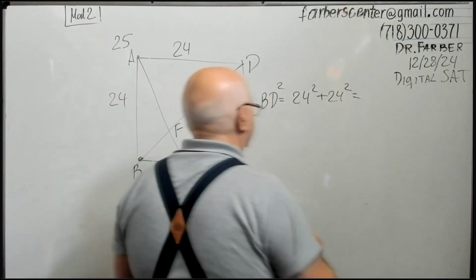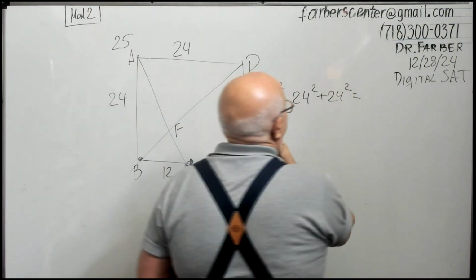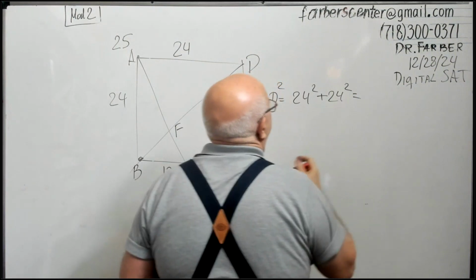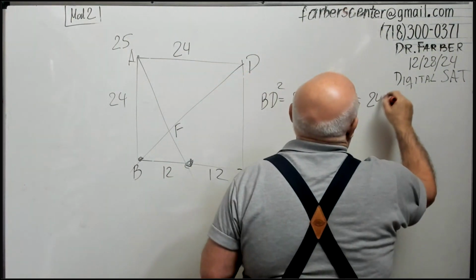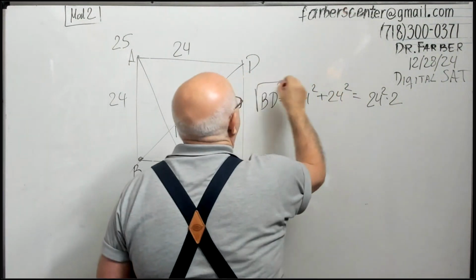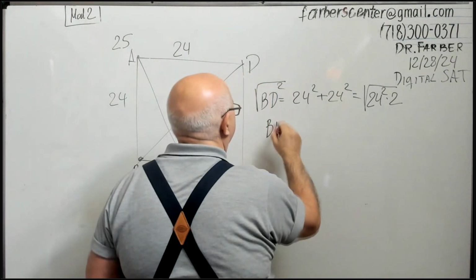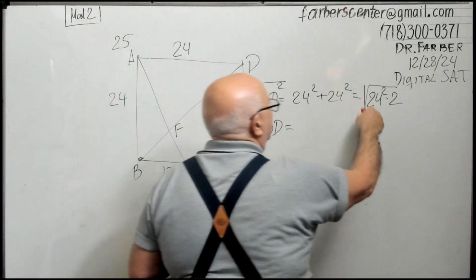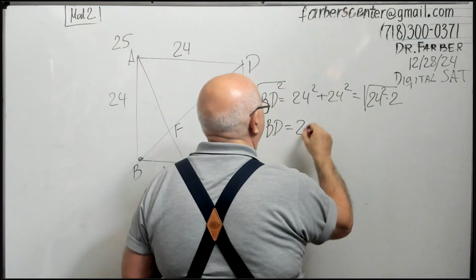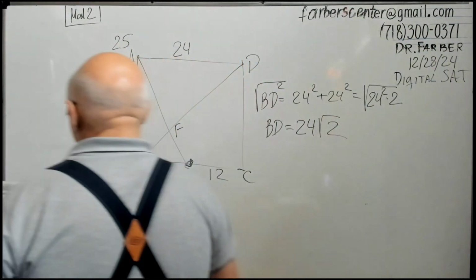Or if you add them up, it's the same, 24 squared times 2. If you take the square root of both parts, you get BD, the square root of a product, the product of square roots. The square root of 24 to the second is 24 times the square root of 2. What I found is the length of this diagonal.